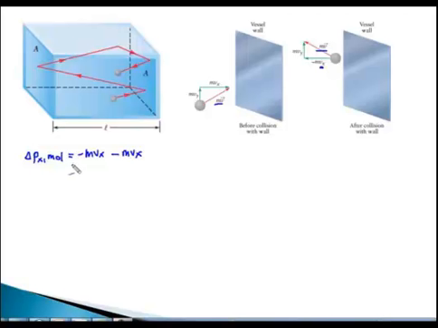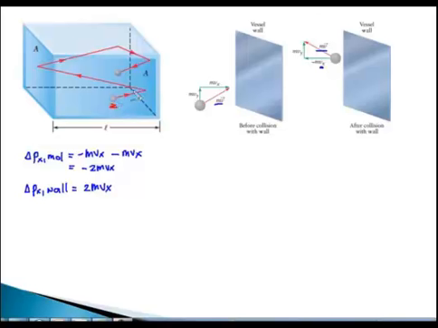That gives us negative 2mvx, the change in momentum of the molecule. Now that momentum is transferred to the wall after collision, and so the momentum change of the wall has similar magnitude but opposite sign. That gives us 2mvx.